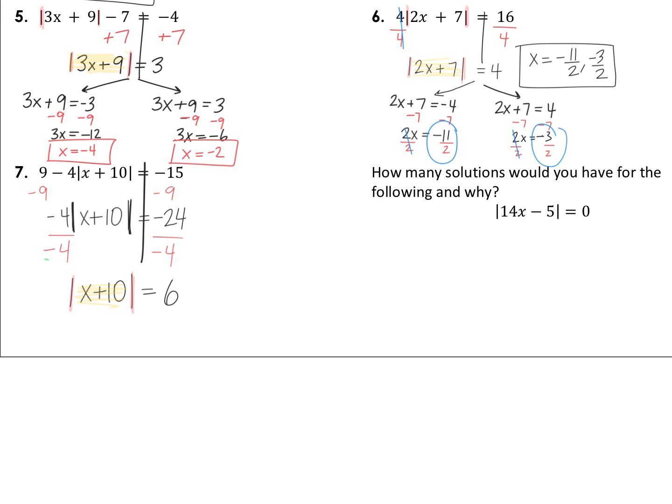So finish that one up. You can check it with the board when you're done. And then I'd like you to talk at your table about this last one, which is how many solutions do you think that would have for when it's equal to 0?